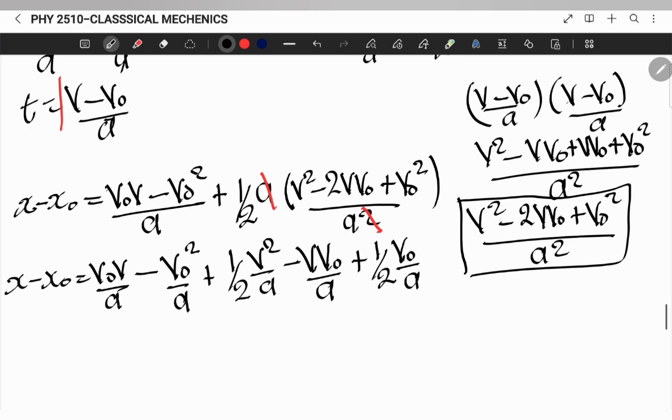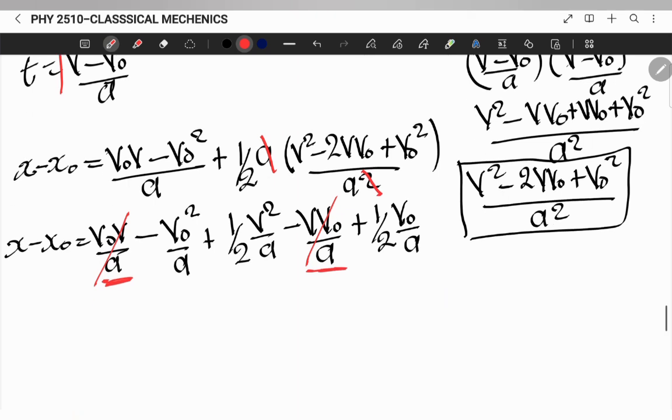So when we've reached this point, we have to group the like terms together. If you check this and this minus, they cancel each other. Let me check if there are other things that are canceling each other. Okay, if you've noticed here, we have 1, -1 as a coefficient. Here we have plus half.